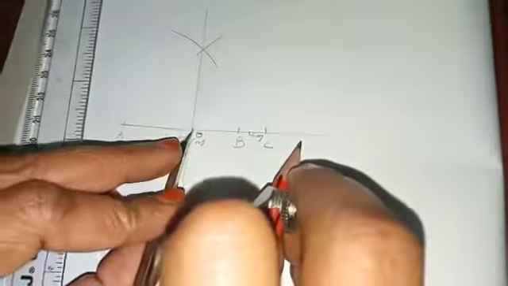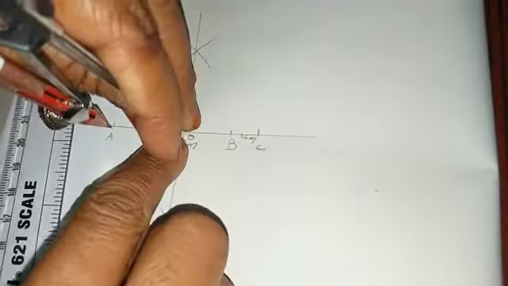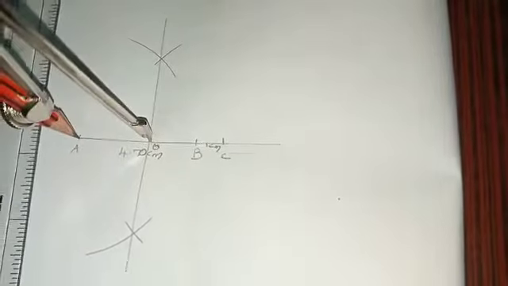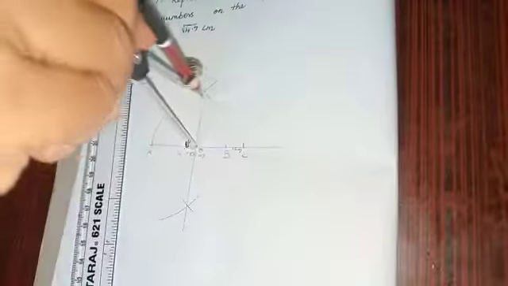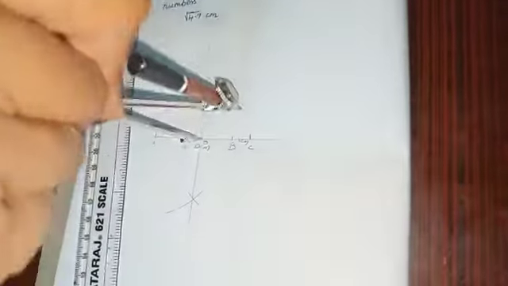Now OC is equal to OA because O is the perpendicular bisector. So with OA equal to OC as radius, we draw a semicircle.